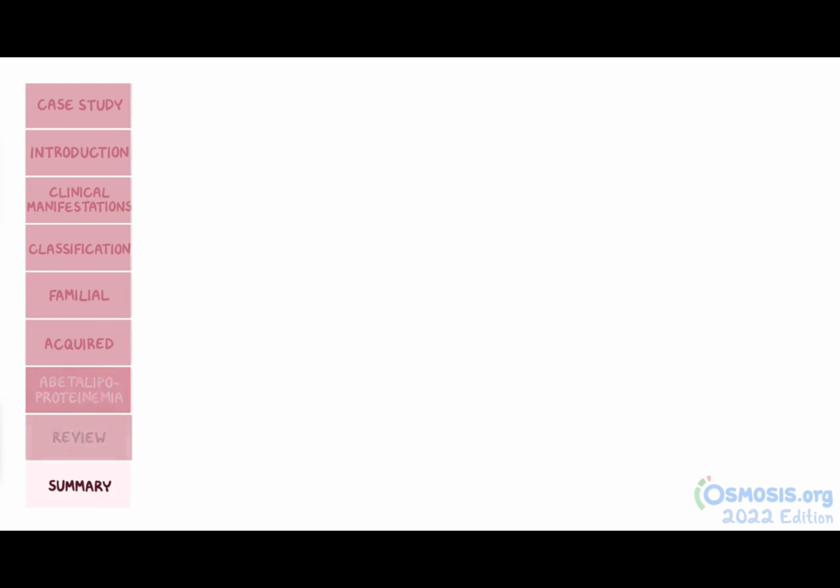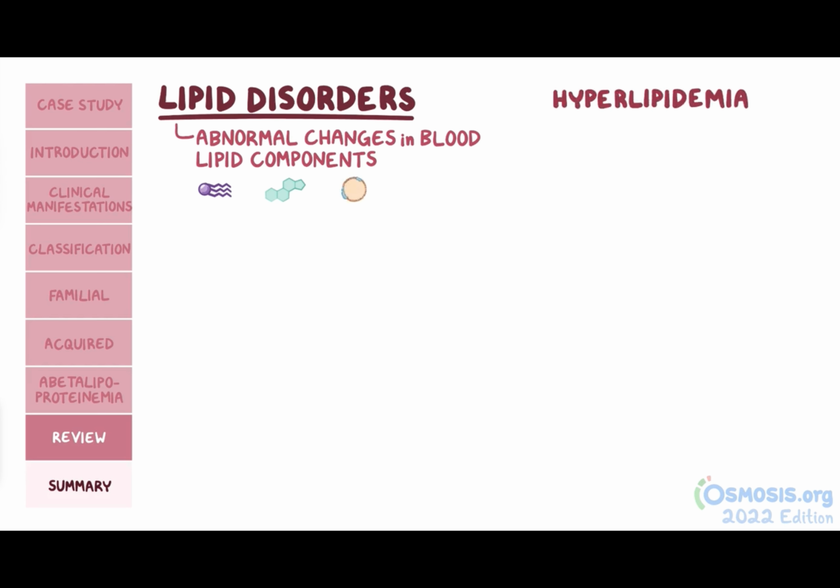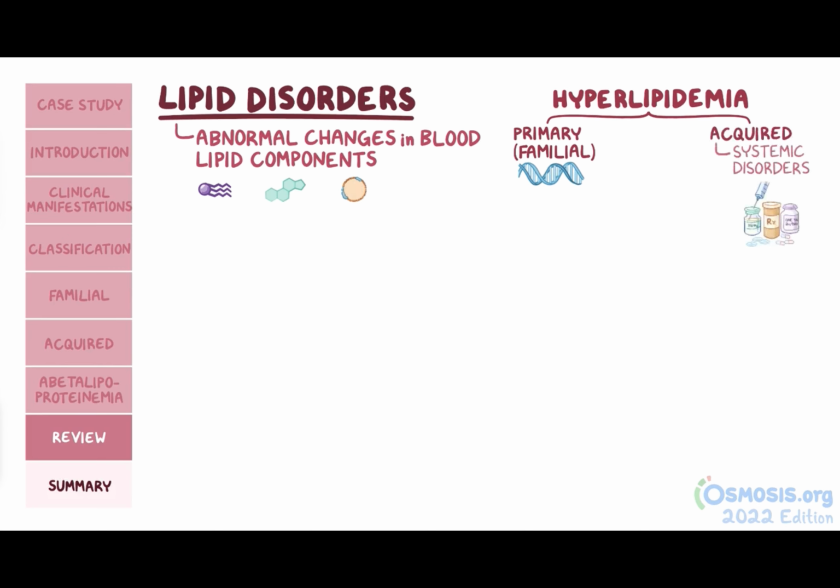Alright, as a quick recap, lipid disorders cause abnormal changes in the levels of blood lipid components such as triglycerides, cholesterol, and lipoproteins. Hyperlipidemia can be divided into primary or familial, which is usually caused by an inherited genetic defect, or acquired, caused by various systemic disorders and medications.